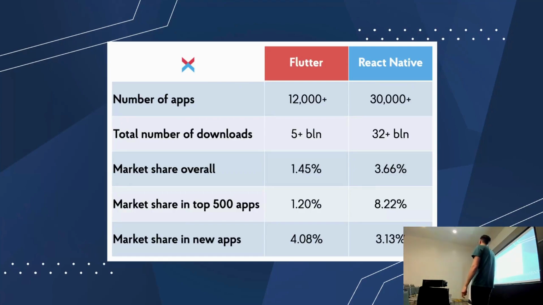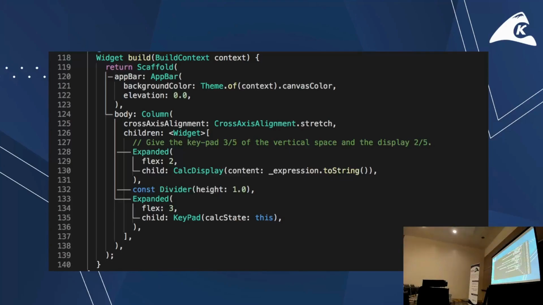Flutter came out, Google published it probably 4, 5, 6 years ago, somewhere around there. And it uses Dart, which is kind of like JavaScript. This is what a sample class in Flutter will look like. One of the things that I'm not a big fan of are these parentheses.